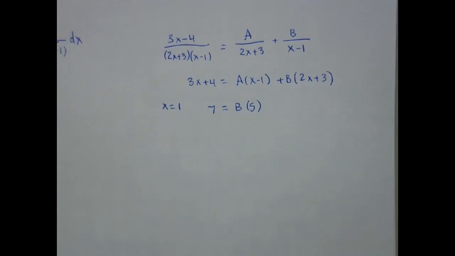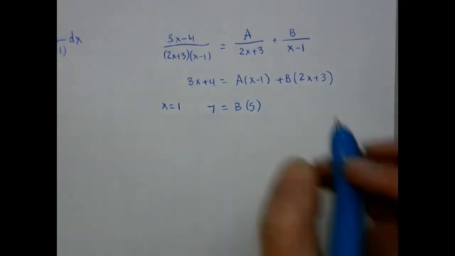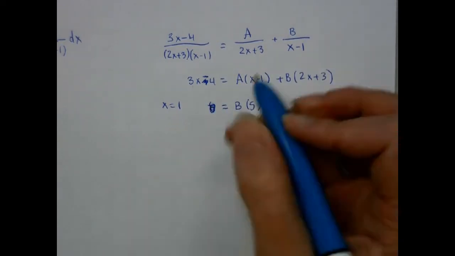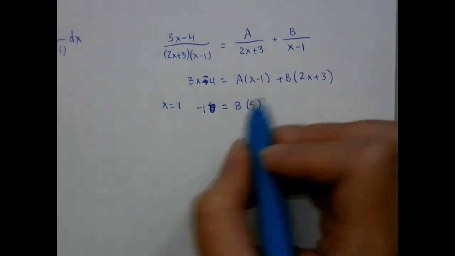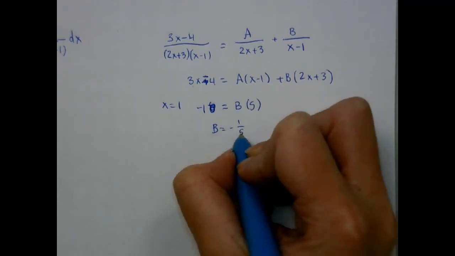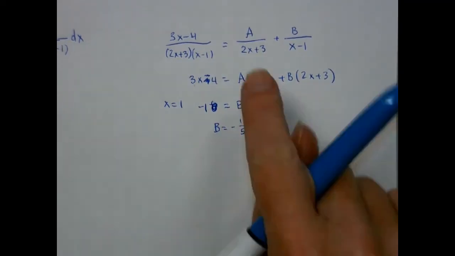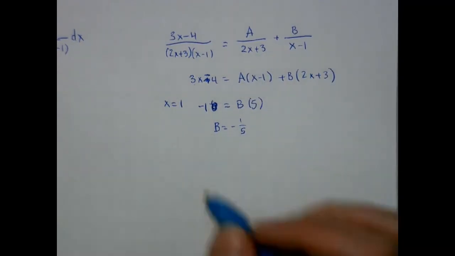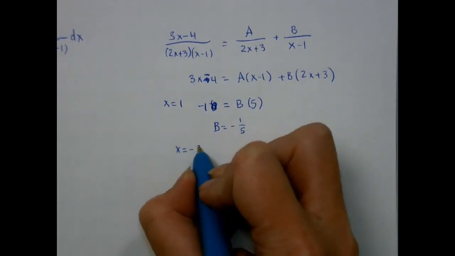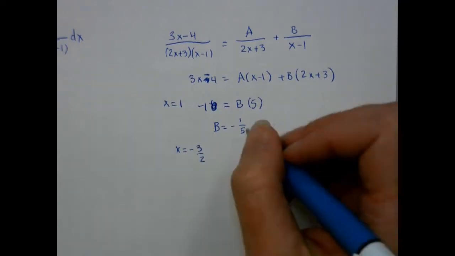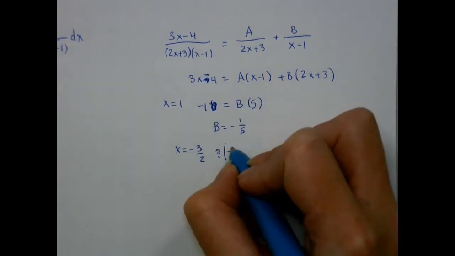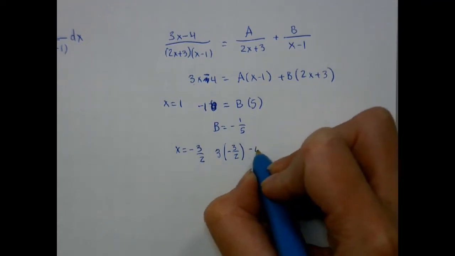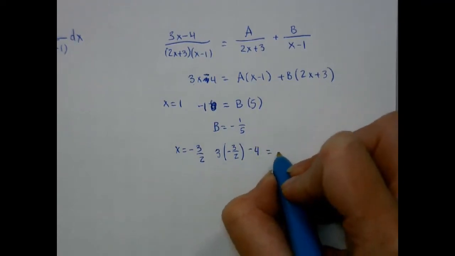Okay, copied that down wrong. This is a minus. So this is 3 minus 4, which is negative 1. So B is negative 1/5. The thing that makes that 0, if we subtract 3 and divide by 2, is negative 3/2. So when we plug that in, 3 times negative 3/2 minus 4 equals A times (negative 3/2 minus 1).